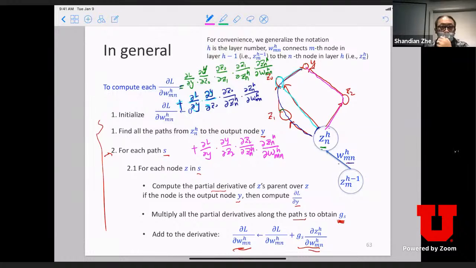But there's a big problem here. This is a direct application of the chain rule. It's intuitive, but it's not very efficient. First, we can see that there are many redundant calculations here.